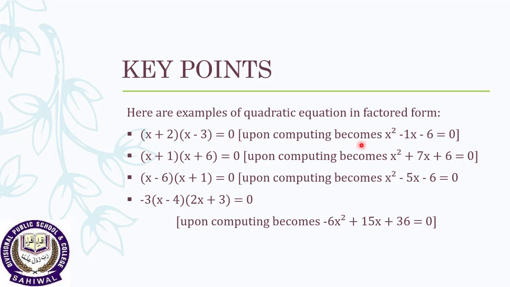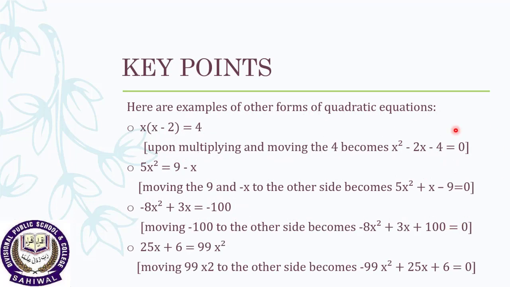When we compute them or simplify them, we get x square minus x minus 6 equal to 0. Quadratic equations can also be written in some other forms, like x times x minus 2 equal to 4. When we multiply them and simplify it, we get x square minus 2x minus 4 equal to 0.